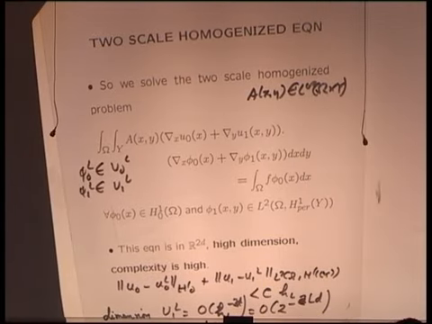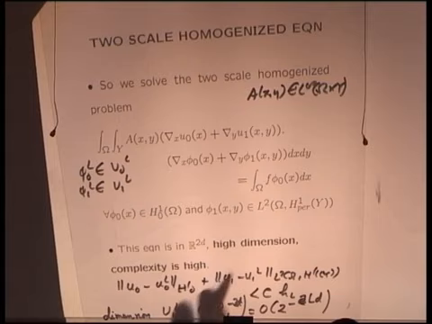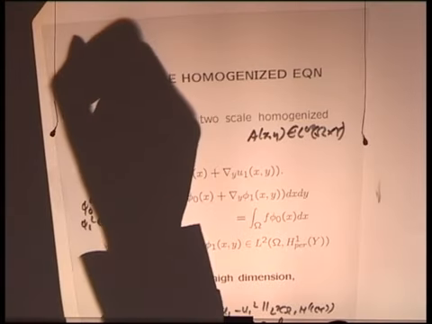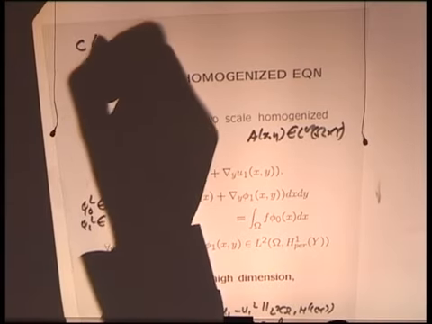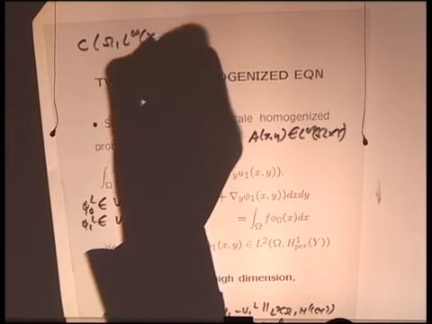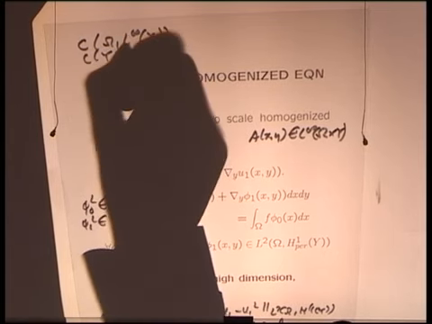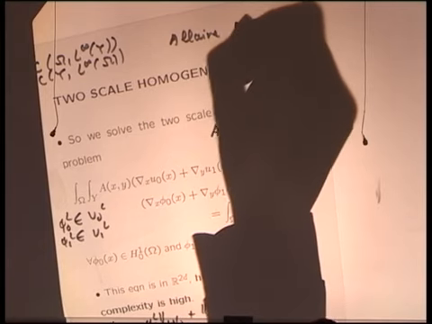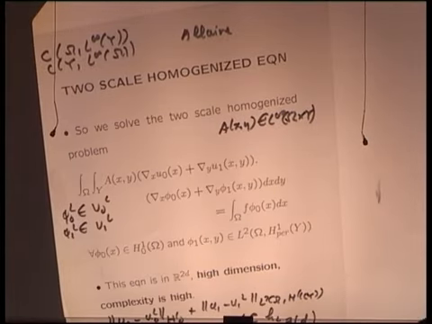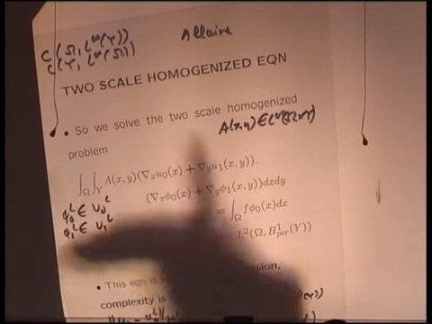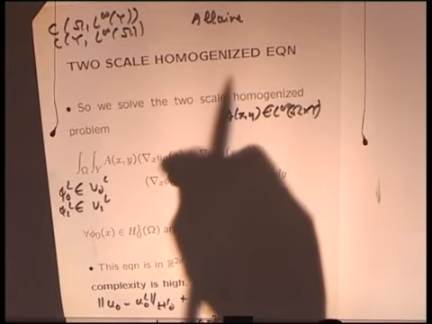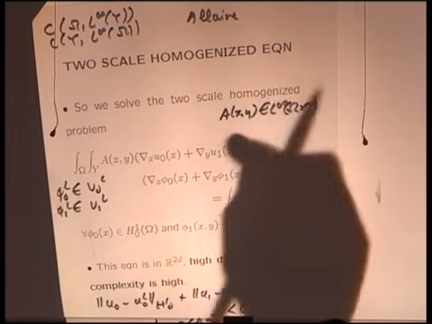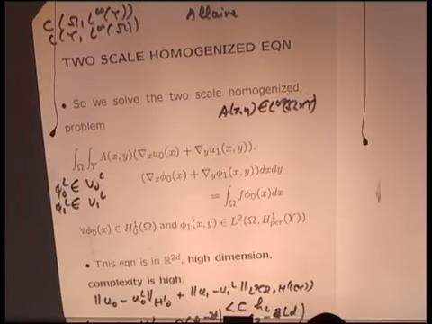But for A epsilon, in order to get this, I think that we need A of x, y inside C omega L infinity y, or C y L infinity omega, and it is done in the paper by Allaire, I think in 1992 or something. But if we just want to solve this for U0 and U1, this is all we need, and not any more than that.